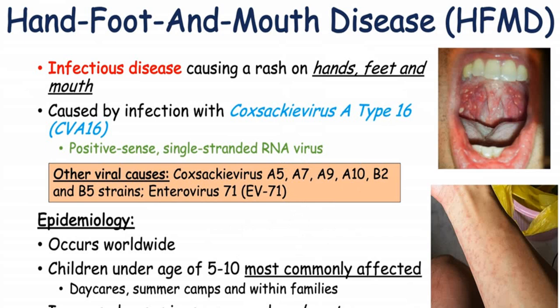It is worldwide, but most common in children between 5 to 10 years, particularly where there is a group of children like daycare, summer camps, and many times within families. These disorders are seen more in summer and early autumn.